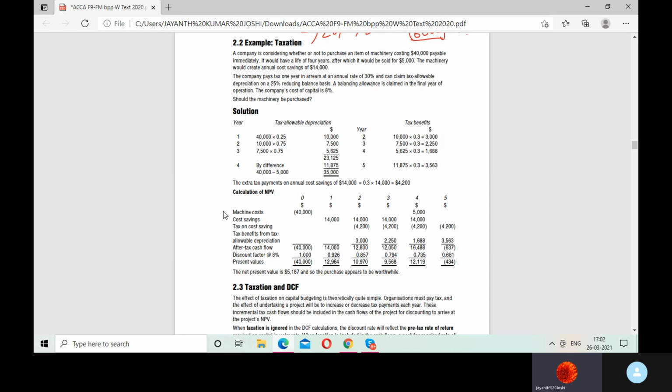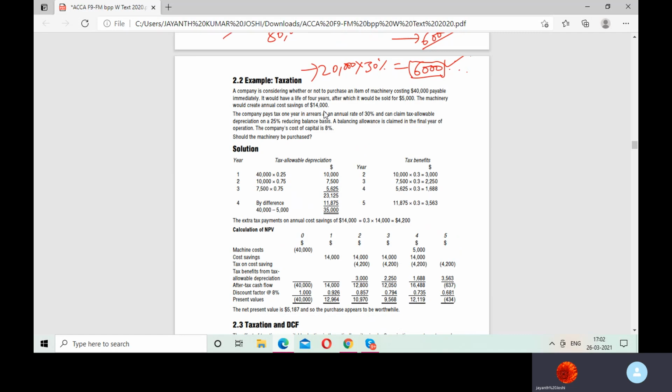So now what is happening in this? Company is considering whether or not to purchase an item of machinery costing $40,000 payable immediately.